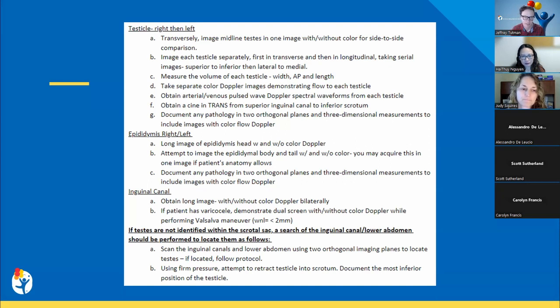So some places will look at the side of pain first, and if a torsion is present, the sonographer would pause the scan, go talk to the radiologist so they can set things in motion to get the patient to the OR, and then go back and finish the scan while that's happening. I'm curious if you have any thoughts on that, if either of you image the side of pain first, or what your thoughts are.